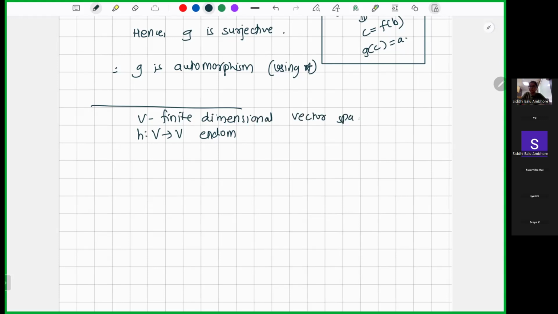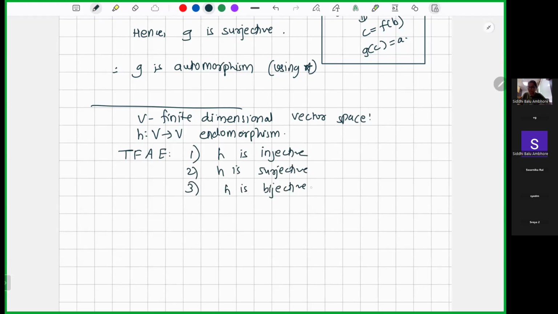The following are equivalent: first, H is injective; second, H is surjective, this is what we saw; and third, H is bijective. Right? These three are equivalent. The moment I say H is injective, the other two follow. And we proved that in the earlier case that G composed F is an automorphism.